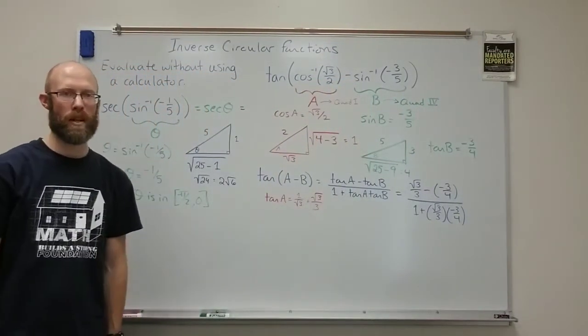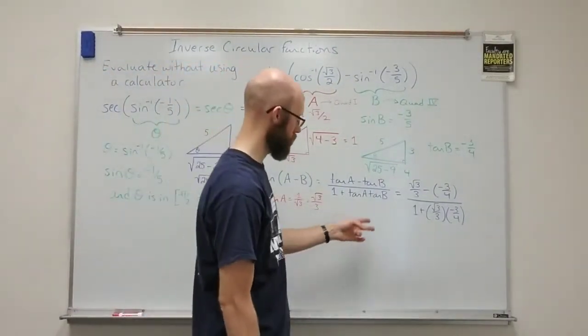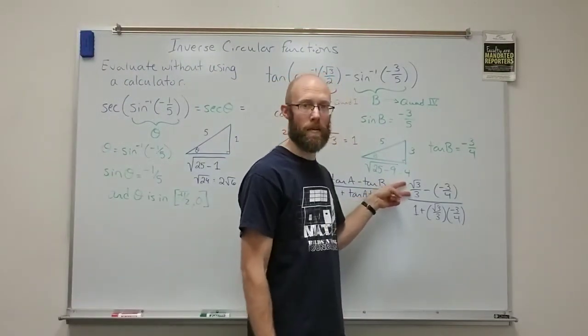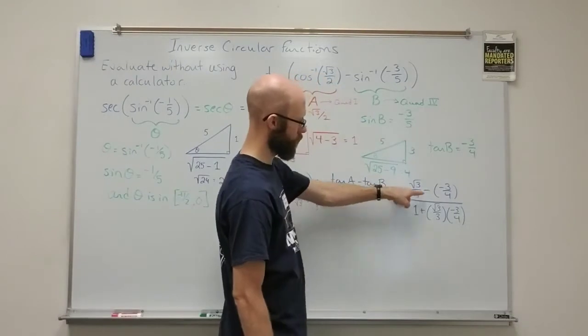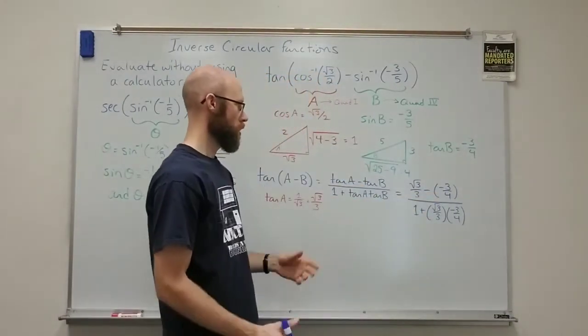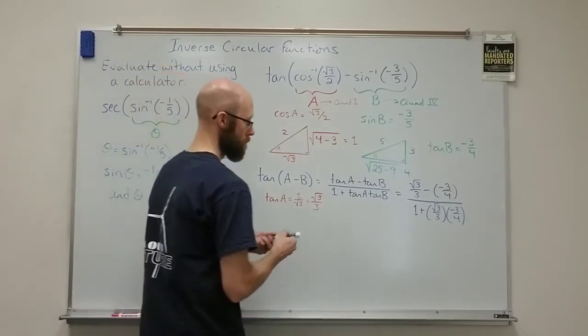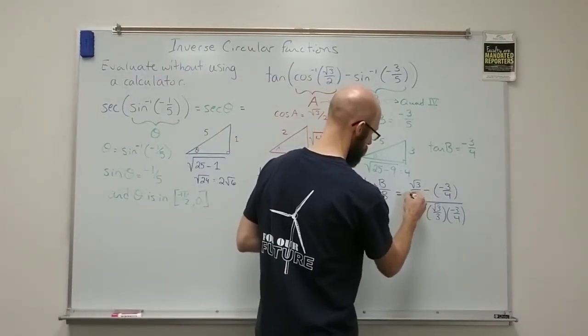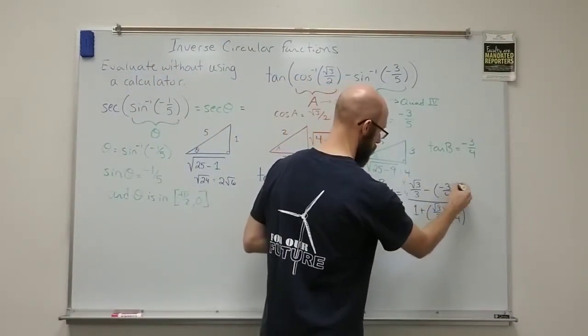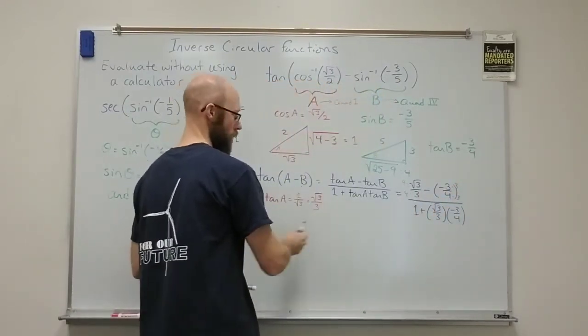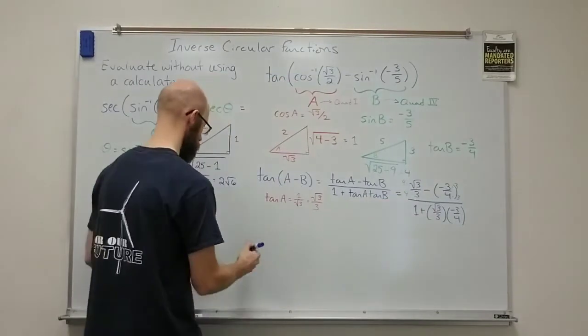That looks pretty nasty. Let's see if we can simplify it all. This numerator, I need a common denominator, right? The 3 and the 4, let's make them 12. So I'm going to need to multiply by 4 here and multiply by 3 on that one. The double negative will become a plus.